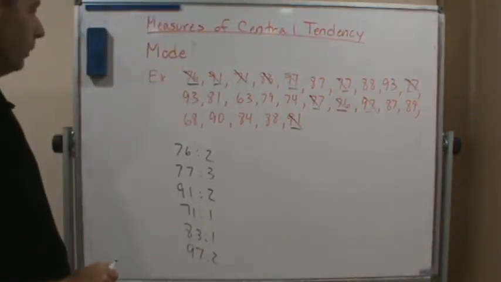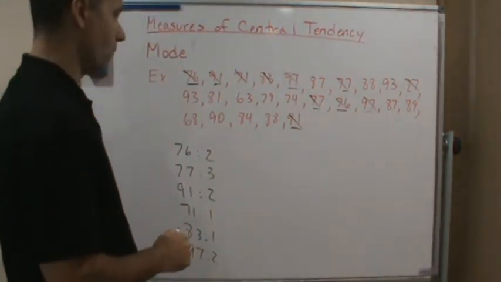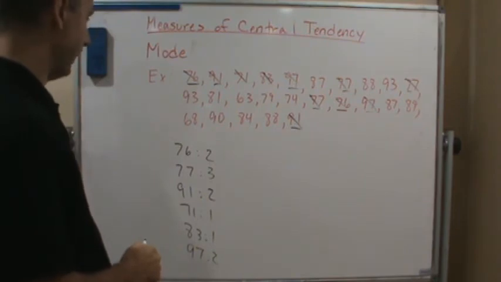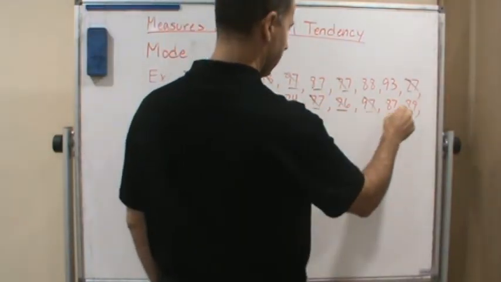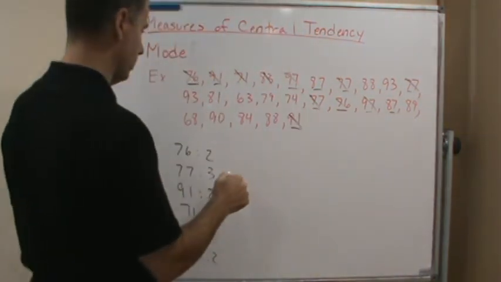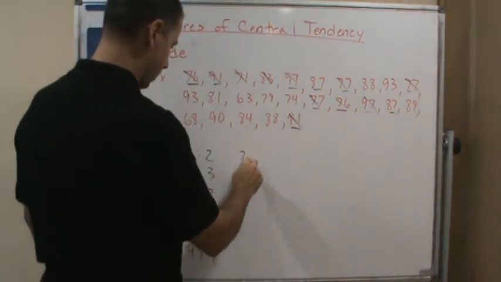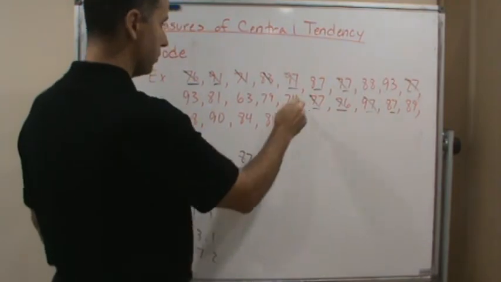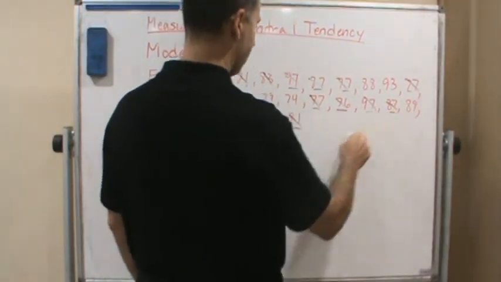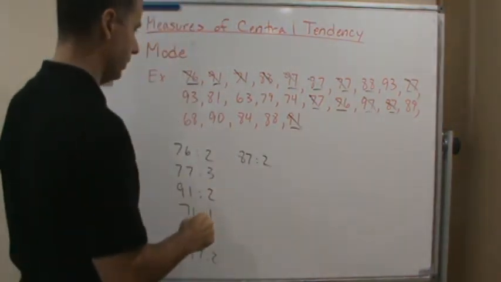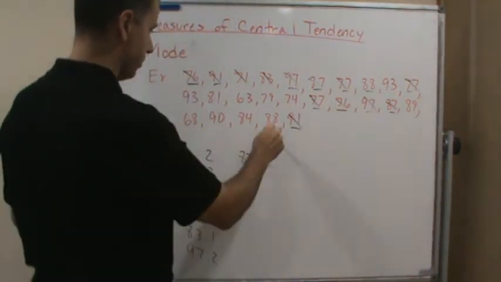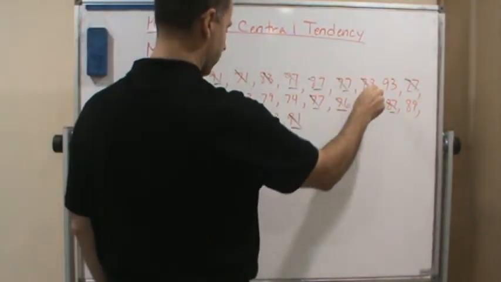And then, next one's 87. So 87, we have 1, 2, and that's it. So 87 is 2, so we're going to cross those 2 off. And then 88, we have 1, 2, so we have 2 of those.